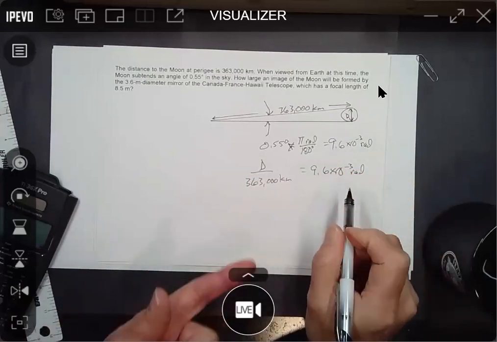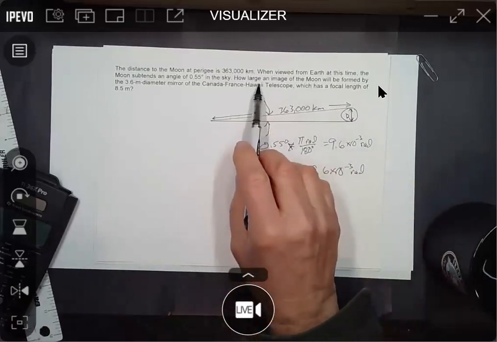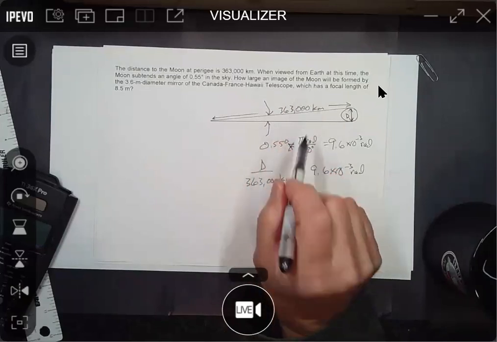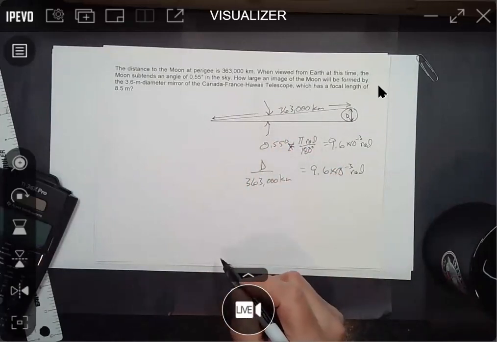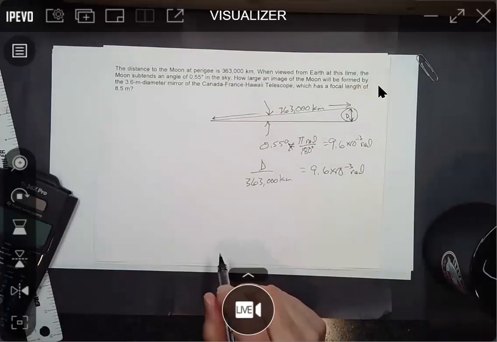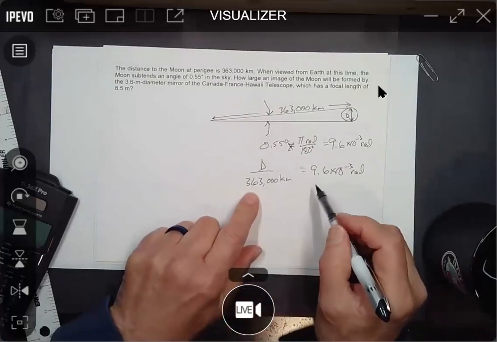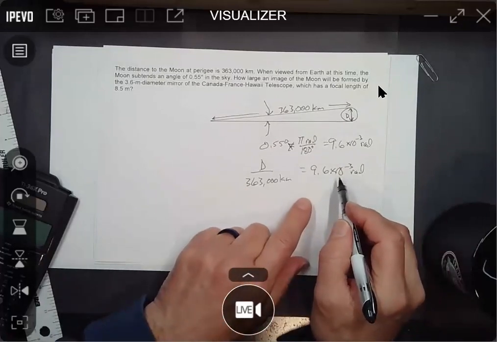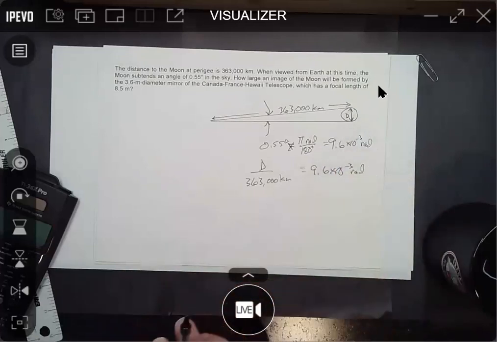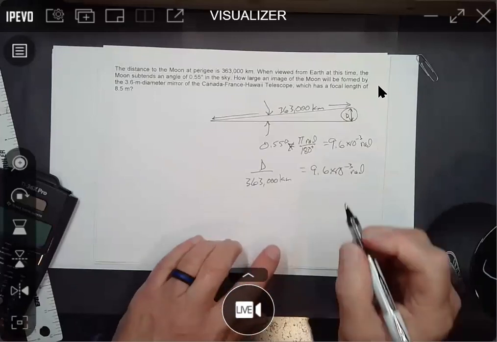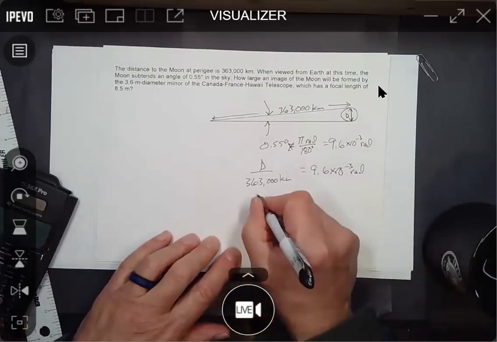And this is just kind of preliminary, but they want to know how large the image of the moon will be. Well, if I figure out the magnification, then I can take the diameter of the moon and multiply it by that magnification and figure out how large the image is. That's my reason here.